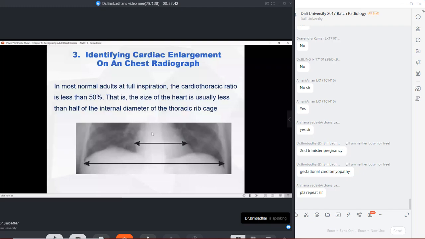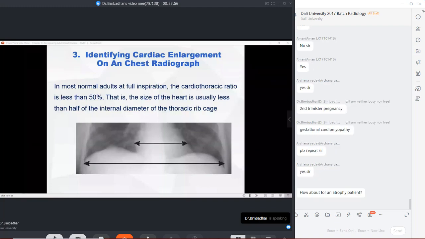Yes or no? Did you understand it? Full expiration and AP view will make the size of the heart look bigger due to magnification and compression of the diaphragm, right? Okay, just wait, Benedict. That's a good question.